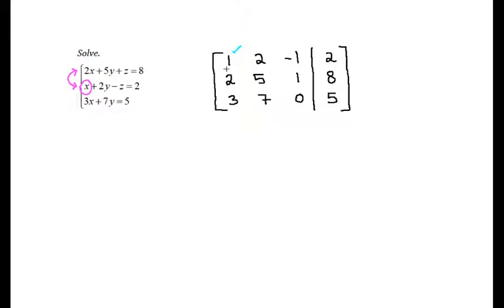So the first thing we want to do is get zeros below it. And the kind of transformation that's going to work for us is, let's draw this bracket here and show where we're aiming, -2 times row 1 plus row 2, and -3 times row 1 plus row 3.